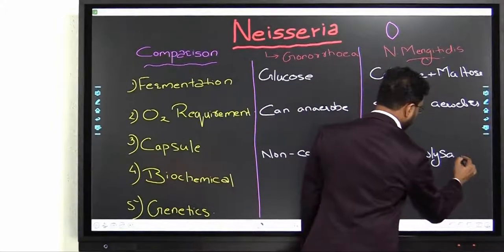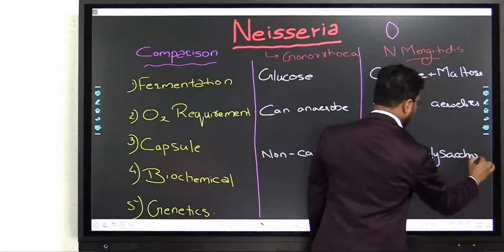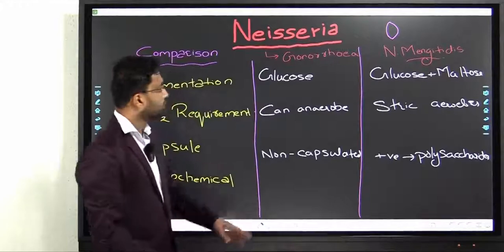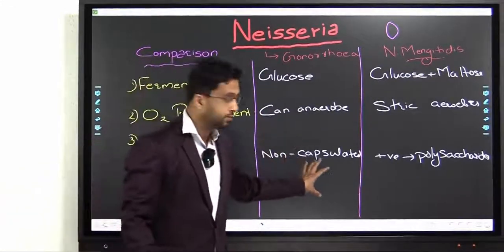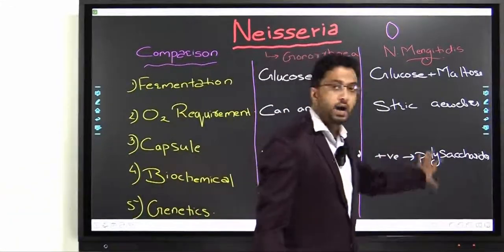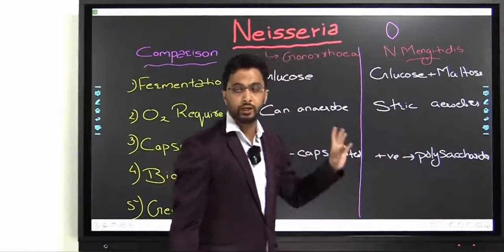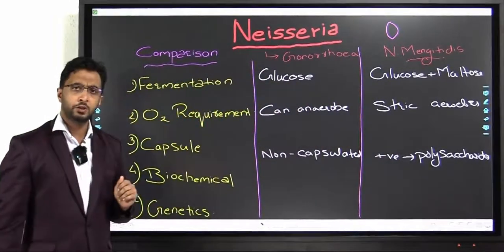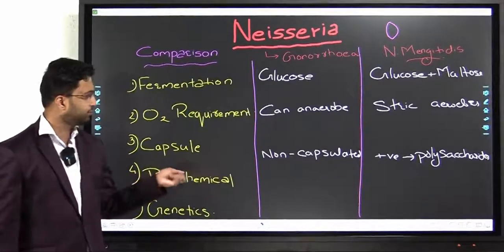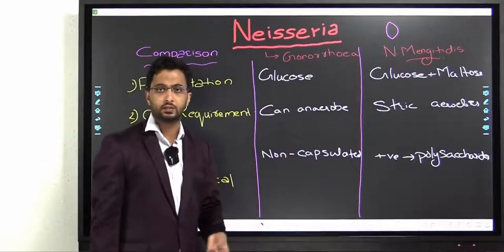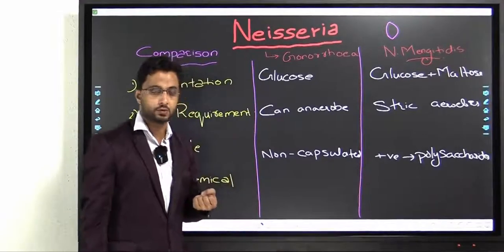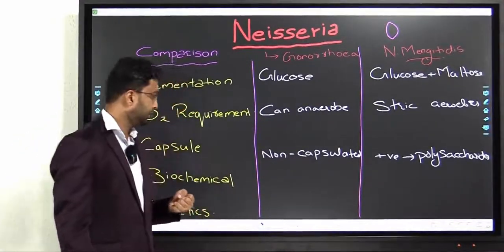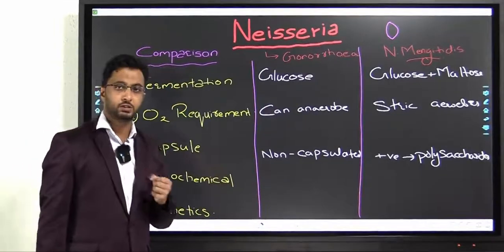So gonorrhoeae are non-capsulated, meningitidis are capsulated with a polysaccharide capsule. Some books, especially the MCQ books, say these are also capsulated with polyphosphate capsules. I couldn't find it in any standard references, but just note it down.